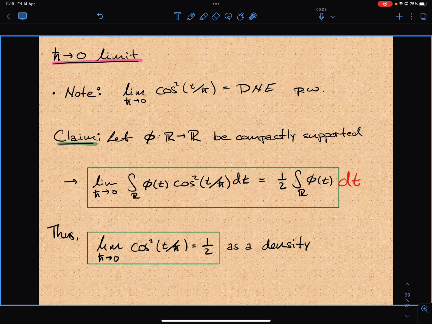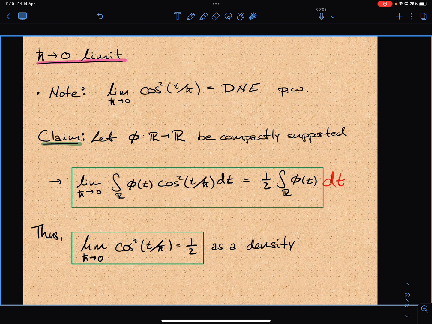Mathematically, you would say that the limit of cosine squared as h bar goes to 0 is equal to 1/2 in density, thinking of cosine as a measure, so as an averaging property. Let me give you an argument for this.